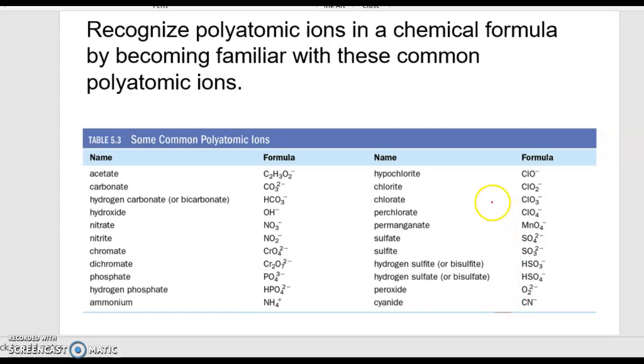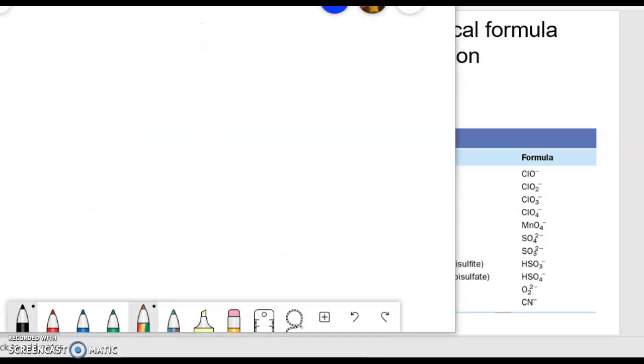All right, so we are going to use these polyatomic ions in some compounds for naming. All right, so let's get started. I'm going to switch over to my writing pad, and let's try this one.